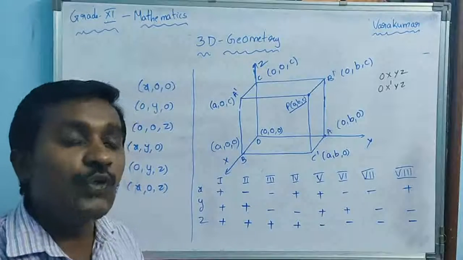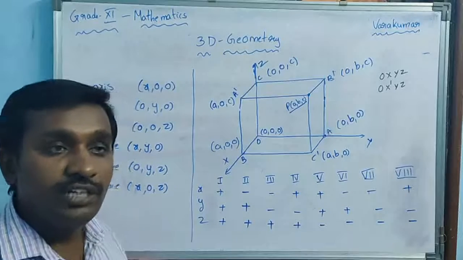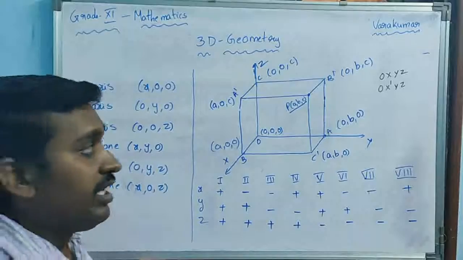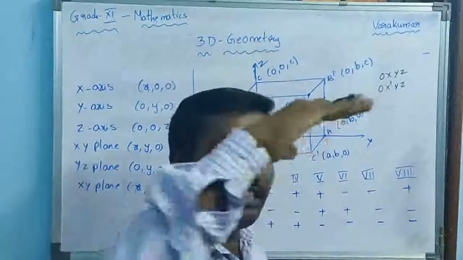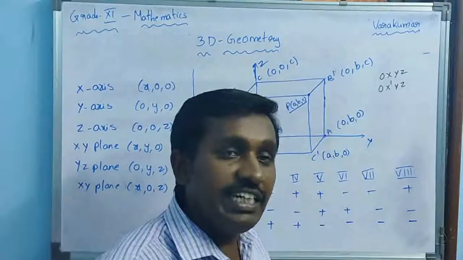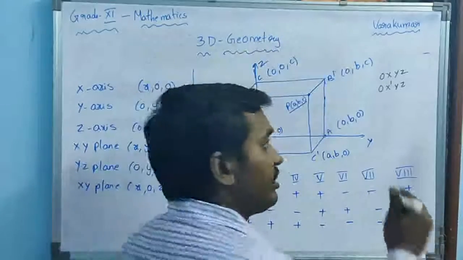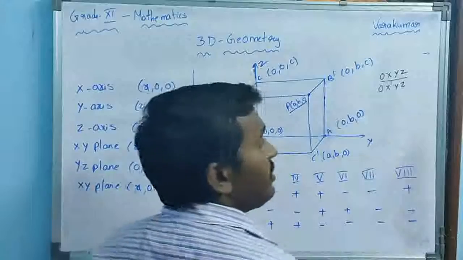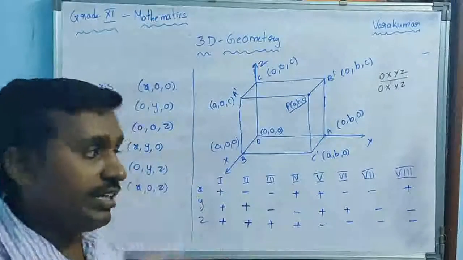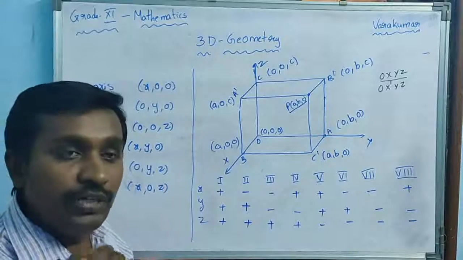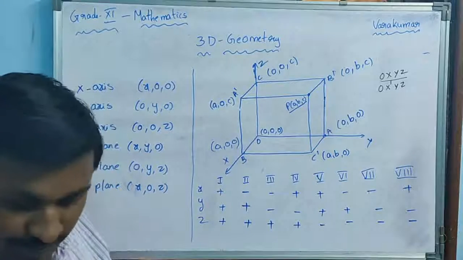How do we know which are top layer and which are down layer? Concentrate on the Z value. If it is Z dash, it will be the down layer. If it is Z, it will be the upper layer, right? So OXYZ is the upper layer, right? Now, I'll show you how to remember all those things, okay?